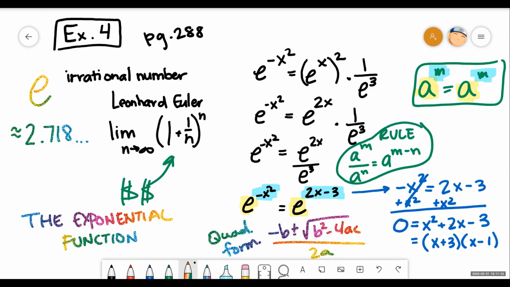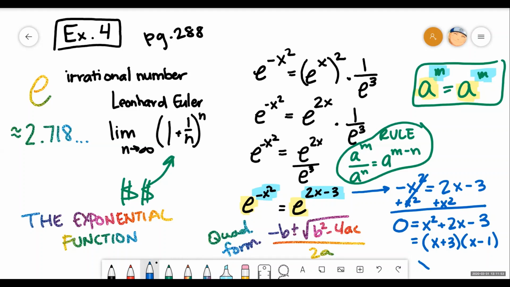If you don't like factoring, become best friends with quadratic formula. We talked about this in Zoom today. Quadratic formula works for all of them. Factoring works for some, but quadratic formula works for all of them.